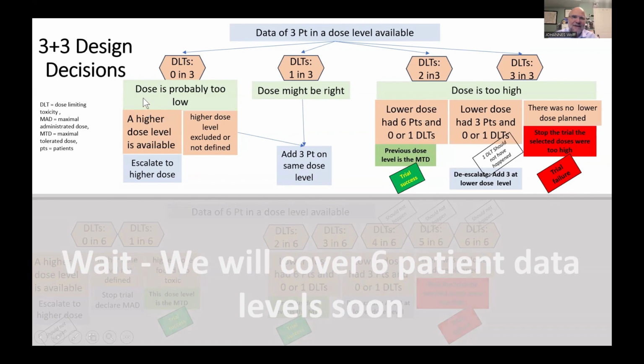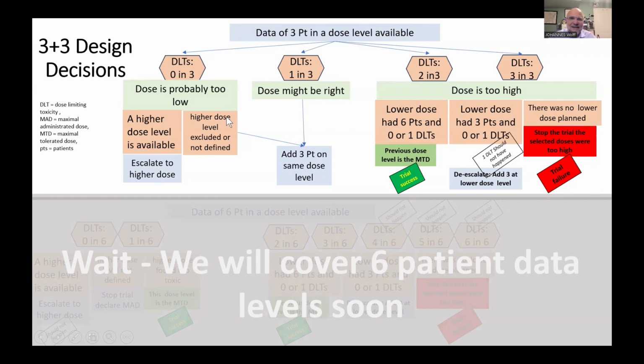When the dose is probably too low, it depends what the next higher level has to offer. If the next higher dose level is actually available, then by all means, you escalate and the next 3 patients will be enrolled in the next higher level. But what if the next higher level doesn't exist?